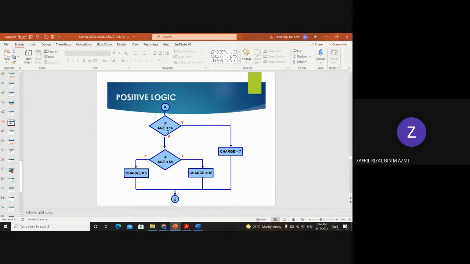Positive logic, if it is true, it has a statement. If it is false, it enters another decision. So this is the else, the last one. So we use only 2 diamond symbols instead of 3.